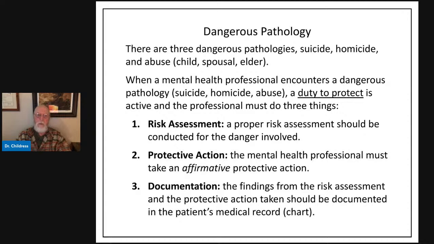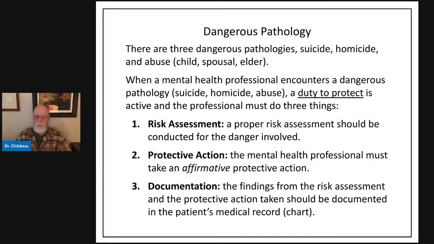They must do something. Now, for suicide, that might be increasing the frequency of sessions or activating support networks around the person with proper permissions. But the mental health professional has to do something to make sure everyone's safe. For child abuse, it might be the referral into Child Protective Services for an investigation.